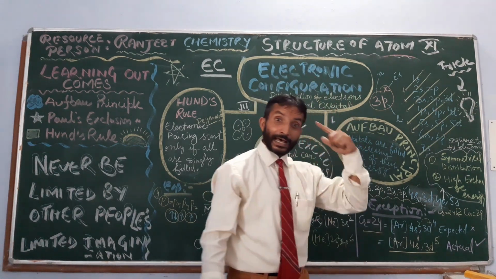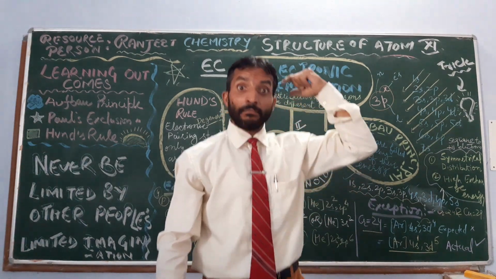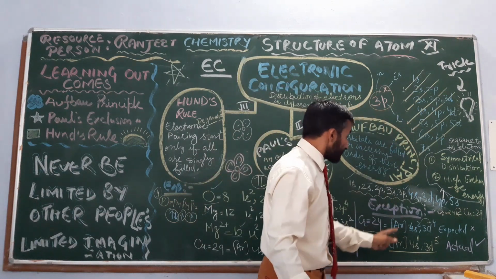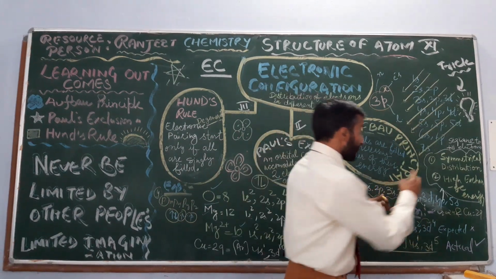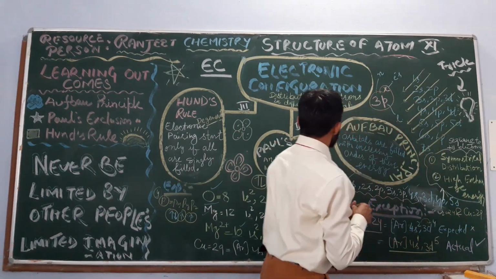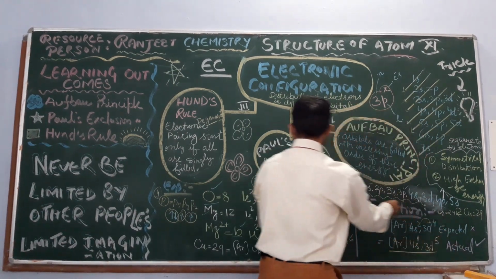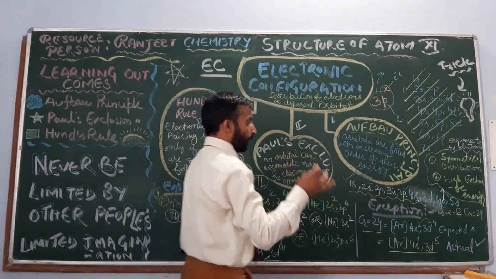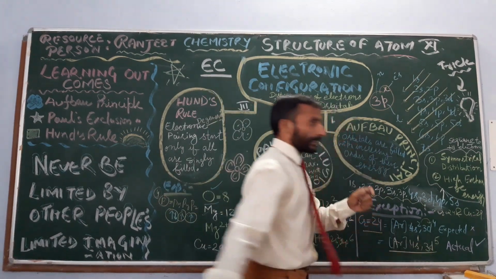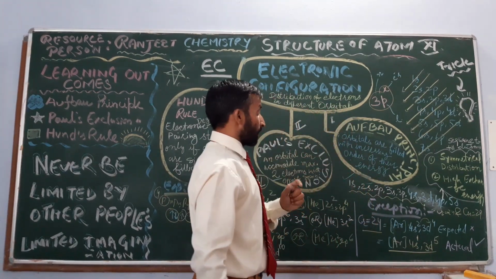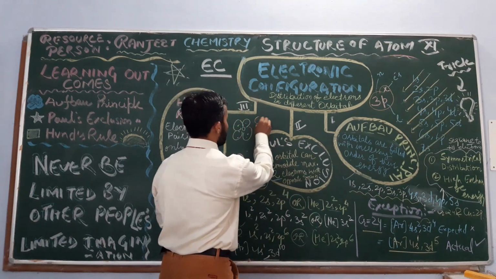Now the question arises in your tricky mind: why is this? So these are the two reasons, right? Because see here, we have 5 orbitals in the d subshell, right? 5 orbitals are there.